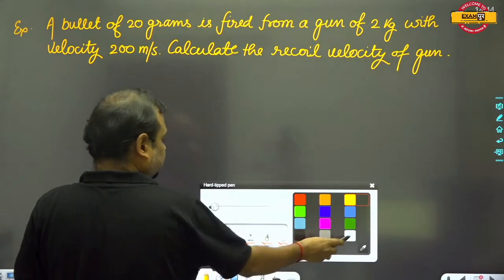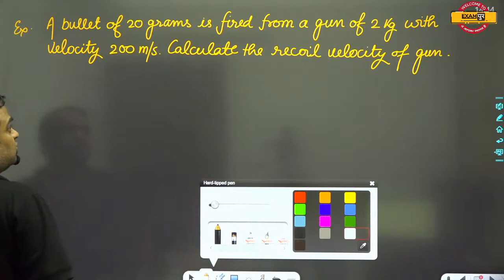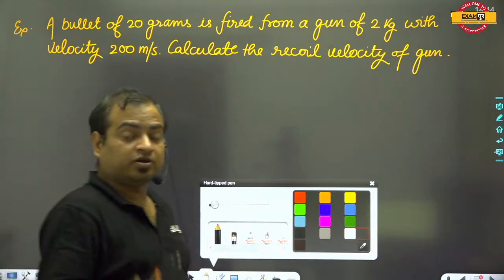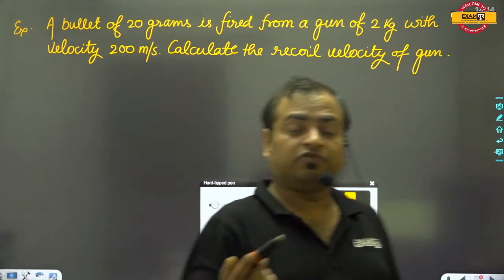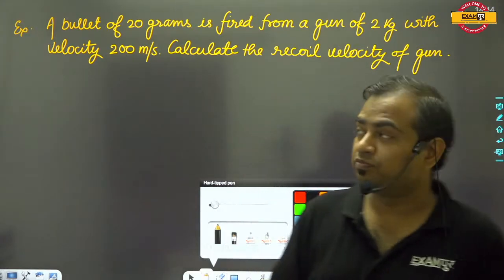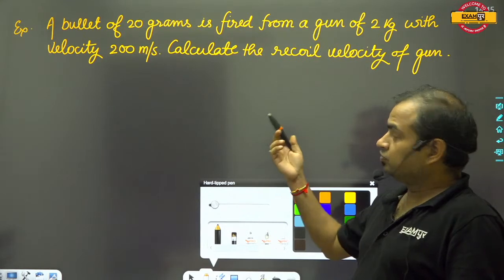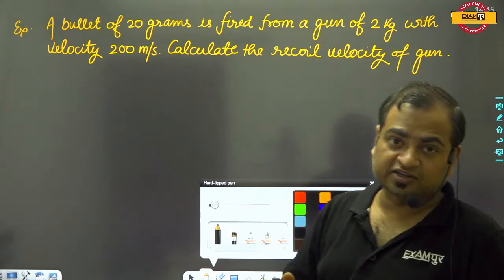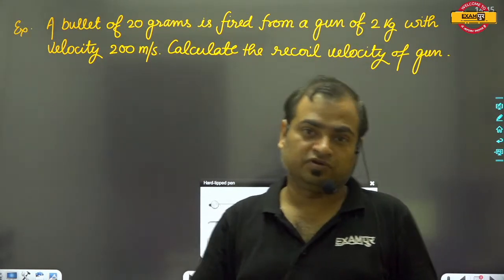So, we all know that when a bullet is fired from a gun, then by the law of conservation of linear momentum, the momentums of both the things, the bullet and the gun, will always be equal.